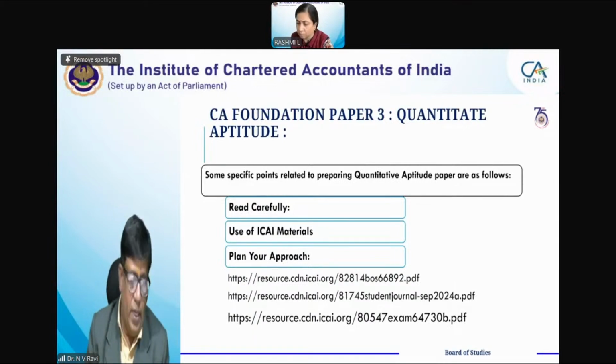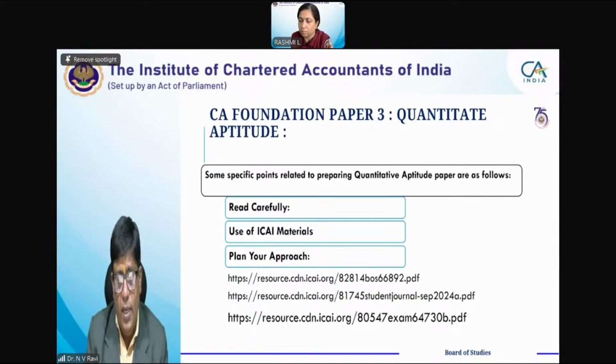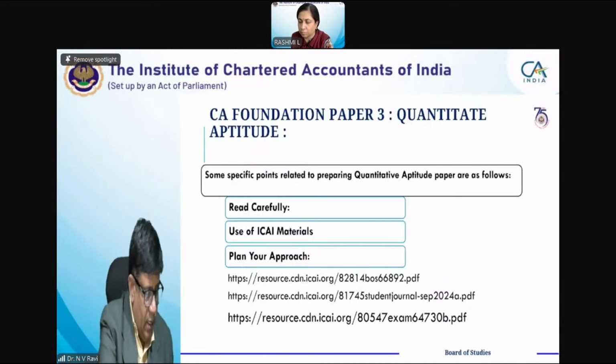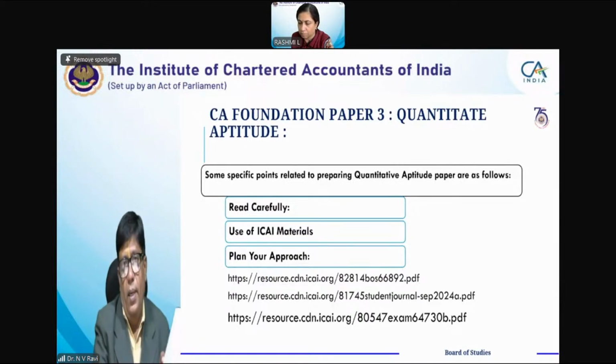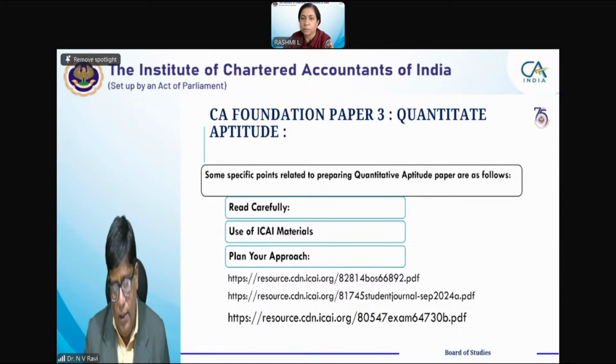One more request to the students: we are very near to the examination. This examination will be conducted from the 12th. Our examination is on the 18th of January only.